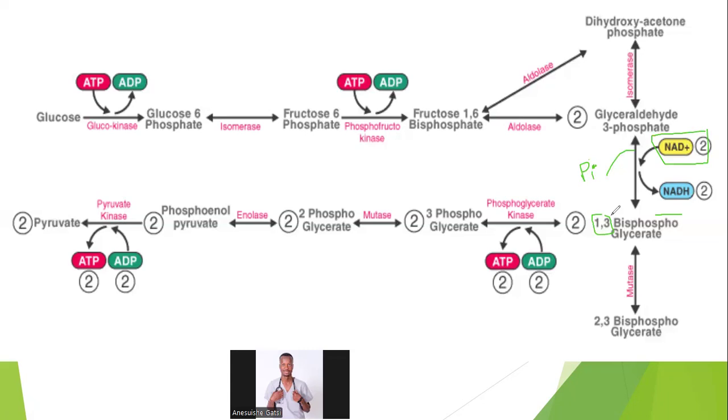GAP reacted with GAP dehydrogenase in the presence of NAD plus and a phosphate molecule. Then you form 1,3-bisphosphoglycerate. When you form this 1,3-bisphosphoglycerate, there is also going to be another end product, which is NADH.